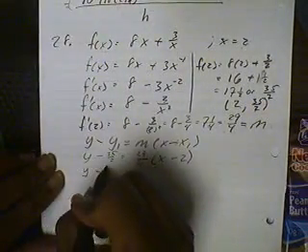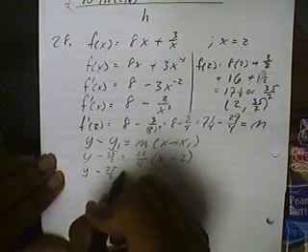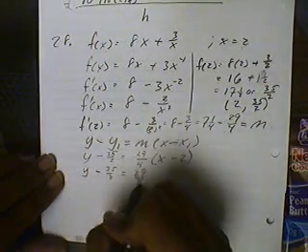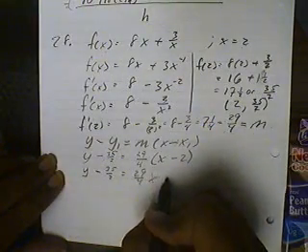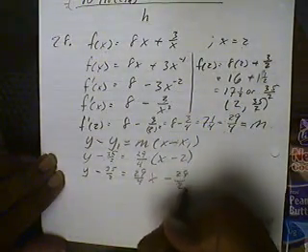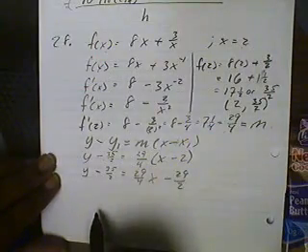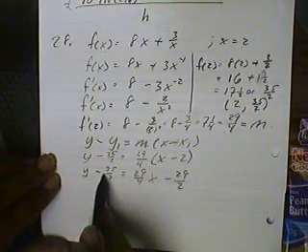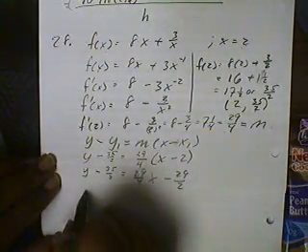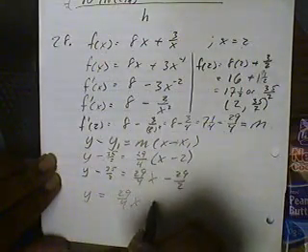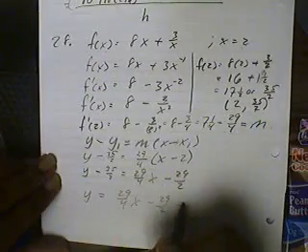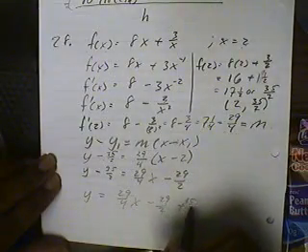We'll have y minus 35 over 2 equals 29 over 4x, and when we multiply these two, we'll get minus 29 over 2. Then we'll add 35 over 2 to both sides. So y equals 29 over 4x minus 29 over 2 plus 35 over 2.